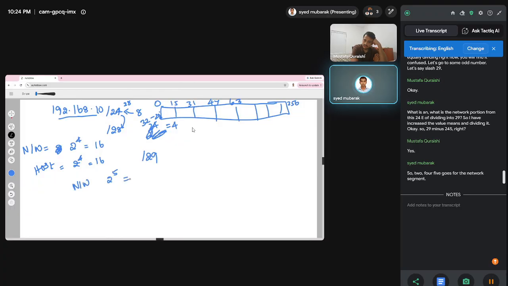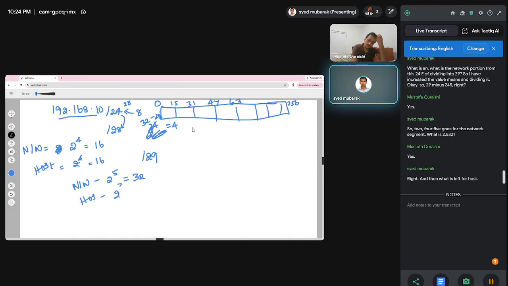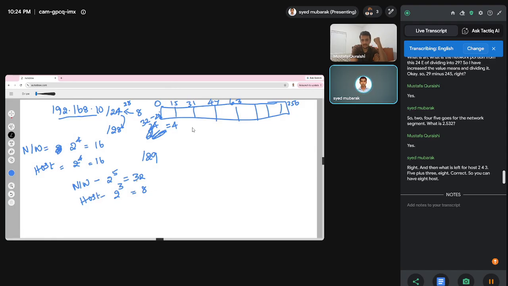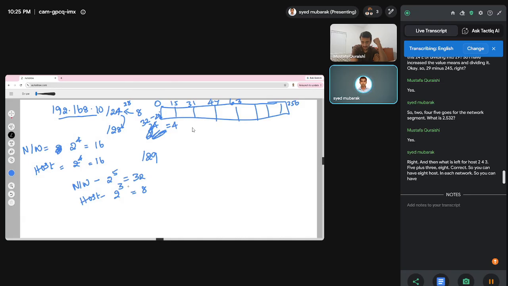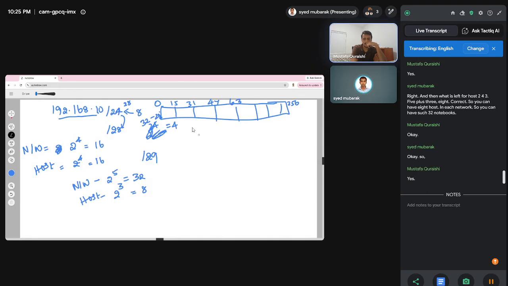What is 2 power 5? 32. And what is left for host? 2 power 3. 5 plus 3 is 8. So you can have 8 hosts in each network, and you can have 32 such networks. Clear?